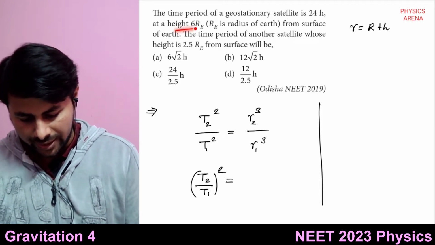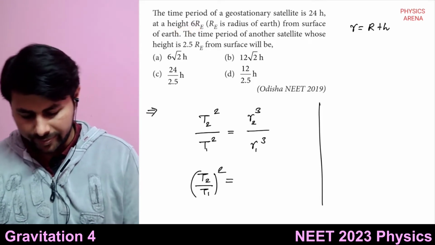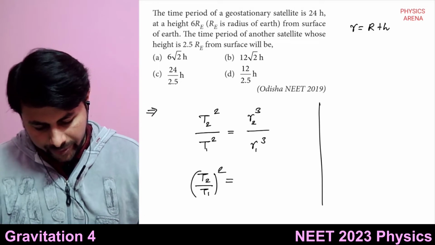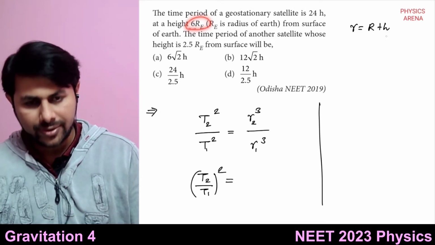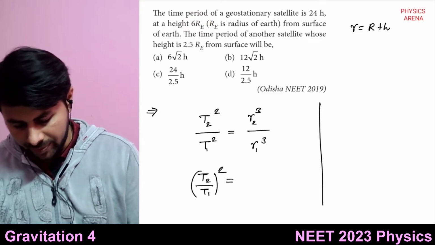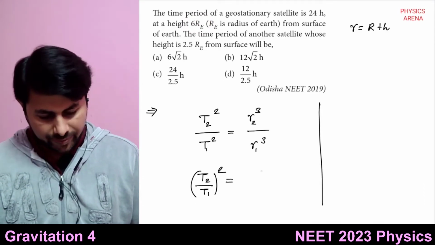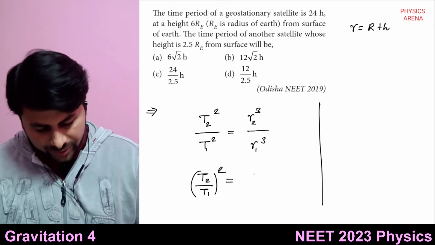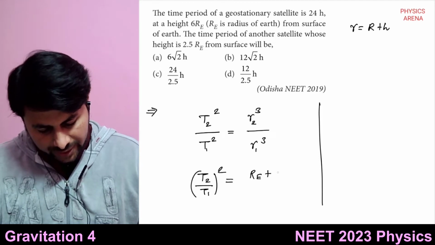I thought it was the actual radius. Okay, so I'm sorry. Yeah, so then it's simple. 6 times RE is the height. So how much is the actual radius? It is R plus H, right? So it is RE plus 6 RE.